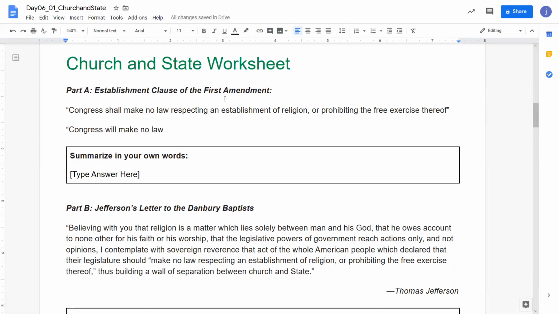I'm going to put in the words in regarding a religion. So they're not going to make any laws about a religion or respecting a religion or giving high praise to a religion. Or prohibiting, another word for stopping or blocking, the free exercise, which just means practice.